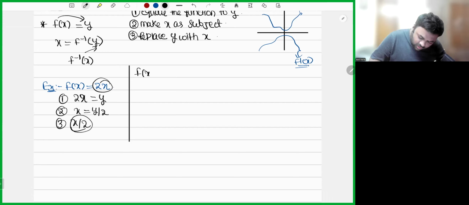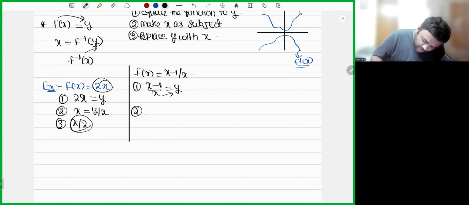F of x is equals to x minus 1 by x. First step, you will equate the function to y. Second step, you will make x as subject. Let's make x as subject. Cross multiplication. X minus 1 is equals to xy. Take xy here, 1 here. X minus xy is equals to 1.